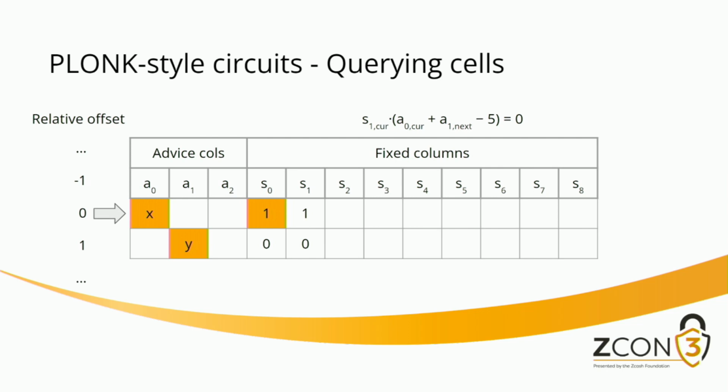So in R1CS style circuits, as we saw before, you're querying everything in one relative position, and there isn't any way to interact across rows. Whereas in PLONK constraints, you can think of your constraints as two-dimensional, like Tetris pieces. And so you can have interactions between adjacent rows.